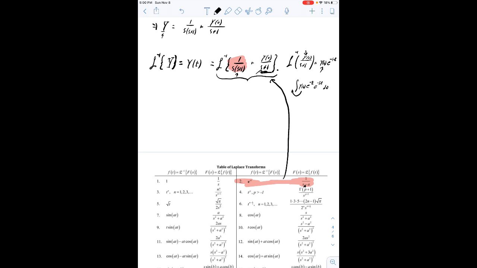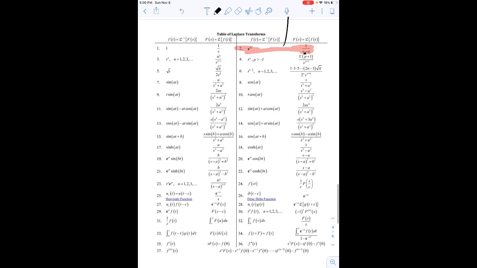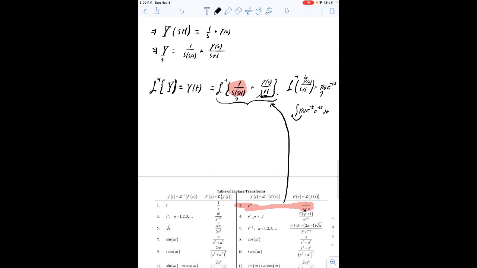It's not quite as easy, and it's not really found on this table, but we notice that this denominator is a multiplication of two terms. So we go back to our calculus 2, and we say 1 over s times s plus 1 can be written as A over s plus B over s plus 1.